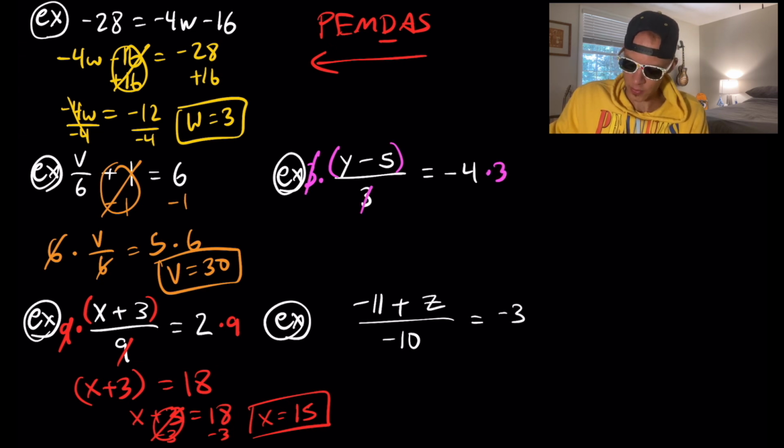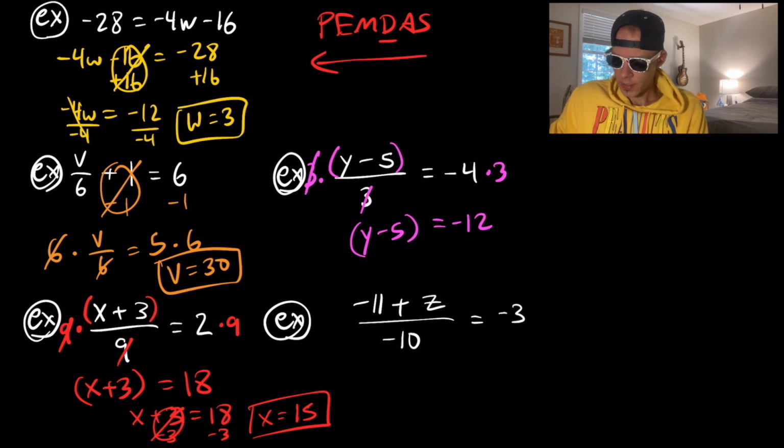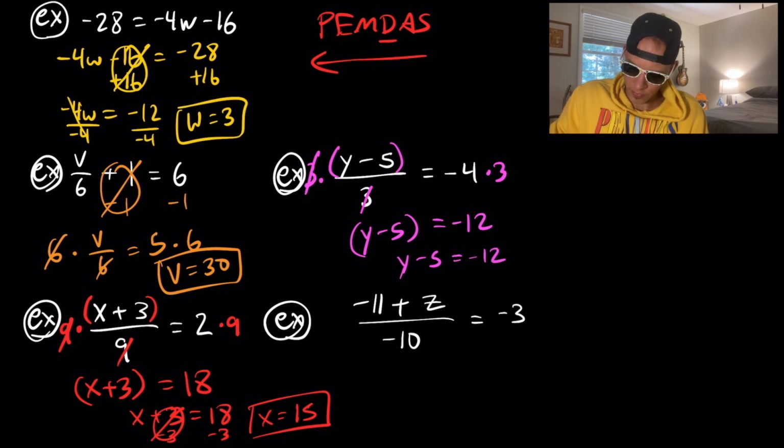These 3's will cancel, and I'll get y minus 5 equals negative 4 times 3 is negative 12. Again, since there's nothing going on outside the parentheses now, I can just take them away. I can just write it as y minus 5 equals negative 12.